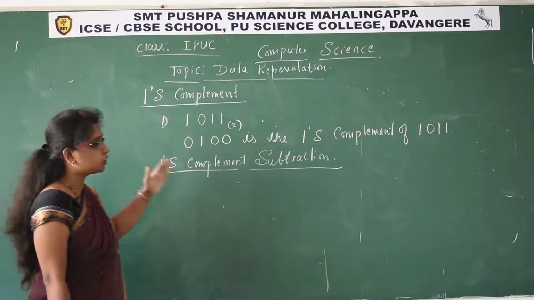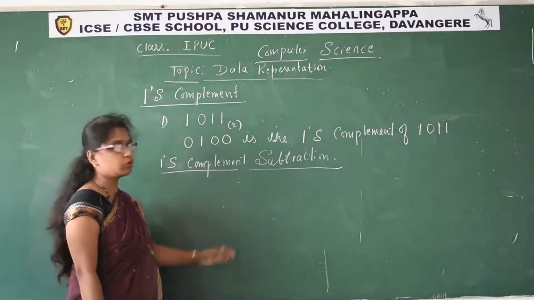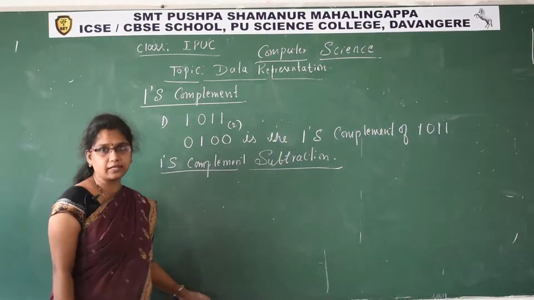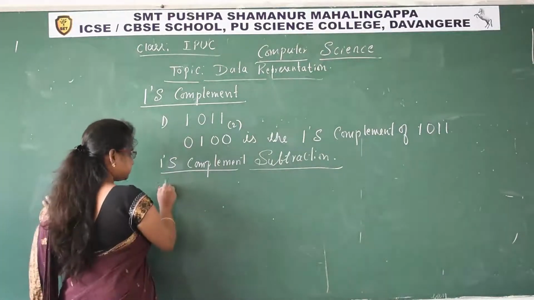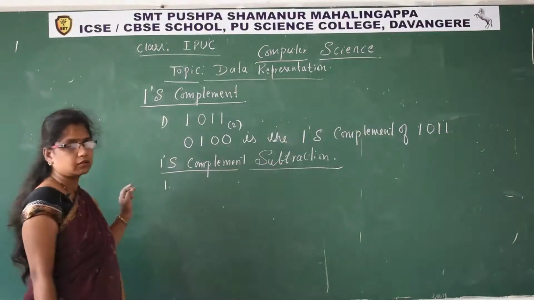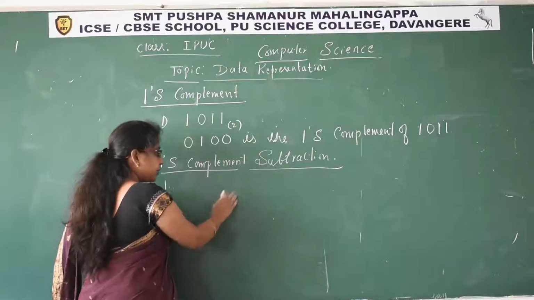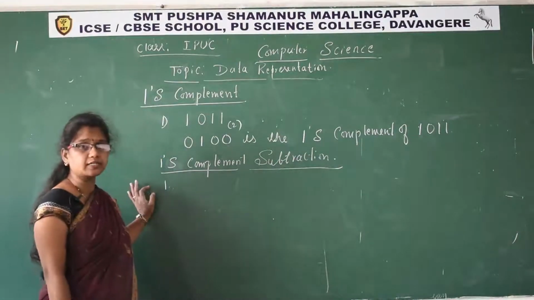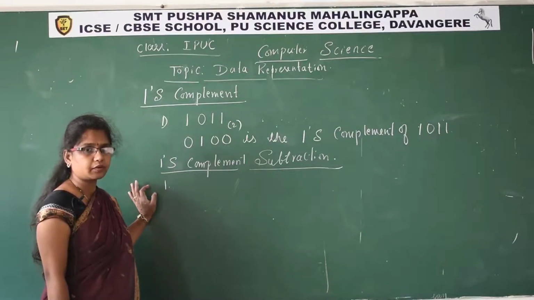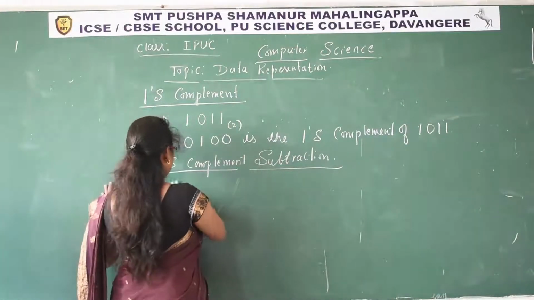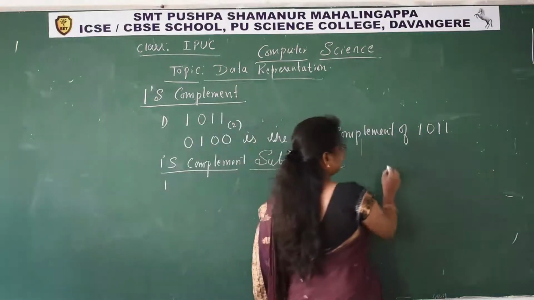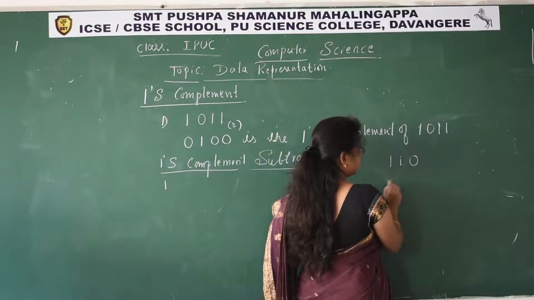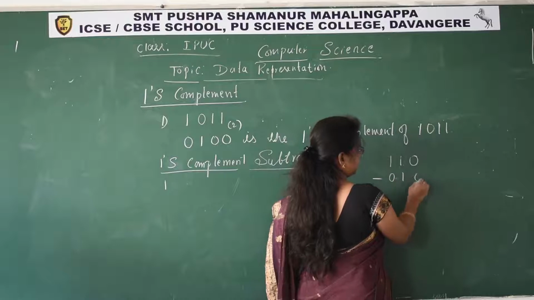First you need to learn the rule. We have to follow some rules in order to get the result. First thing, we have to identify the minuend and subtrahend. Here, 110 minus 010.